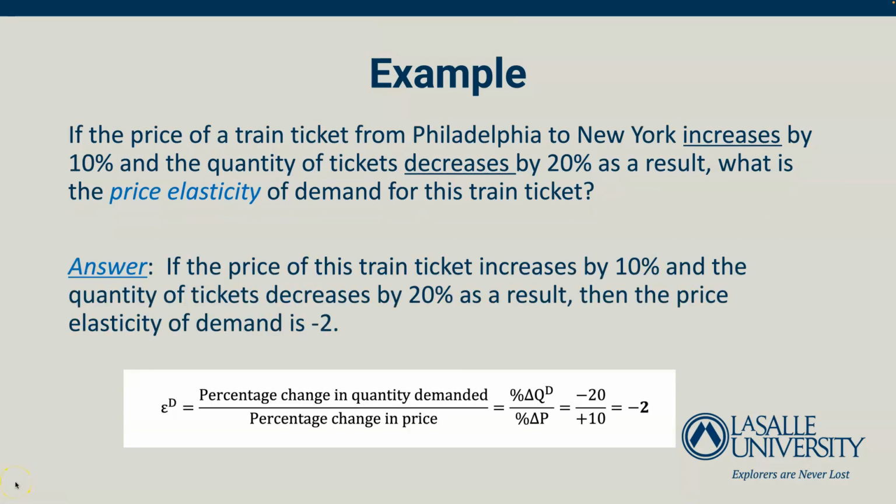In this case, the price elasticity of demand, as we'll see in absolute value, will be equal to 2. The percentage change in quantity demanded is minus 20, the percentage change in price is positive 10, and that means that the ratio is equal to minus 2.